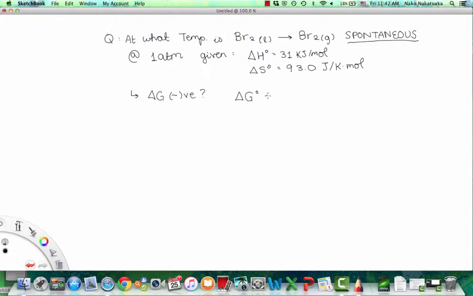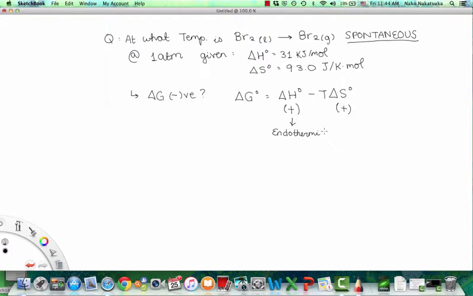Delta G naught is delta H naught minus T delta S standard state. And looking at the values that were just given to us, delta H is positive and delta S is also positive. So delta H being positive indicates to us that it's an endothermic process, right?